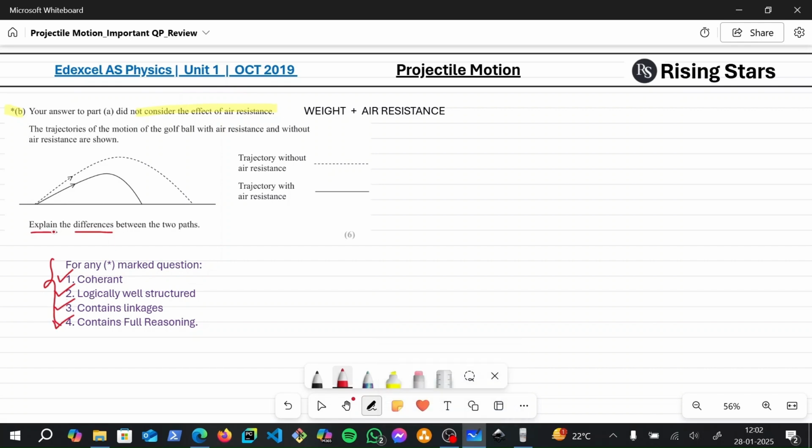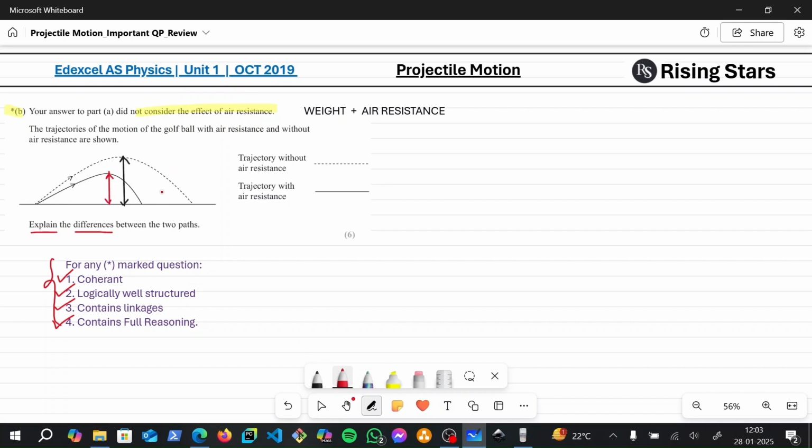The question seems fairly simple, but explaining it in the most logical style is not what we are always able to do. So let's see how to do it. Just observe the 2 paths here. We have 2 paths, one with and without air resistance. The one without air resistance has a higher max height, and the one with air resistance has a lower max height.